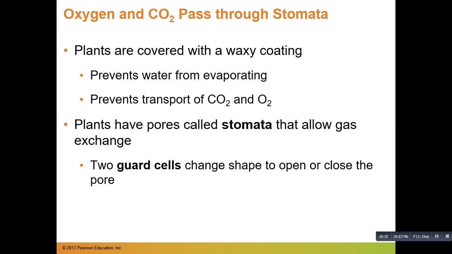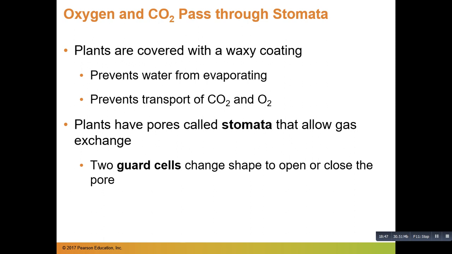This is beneficial for the plant because the waxy coating actually prevents water from evaporating. But unfortunately, it also prevents the transport of carbon dioxide and oxygen down their concentration gradient. So plants have these pores called stomata that allow gas exchange. They look like little mouths in a leaf.